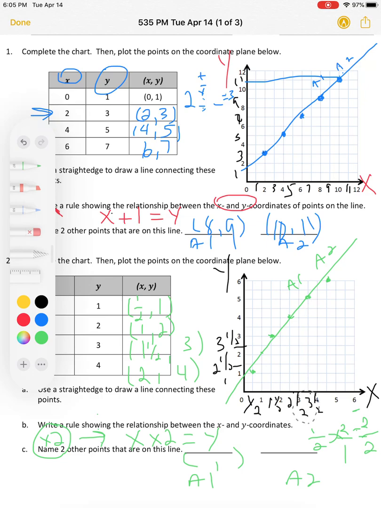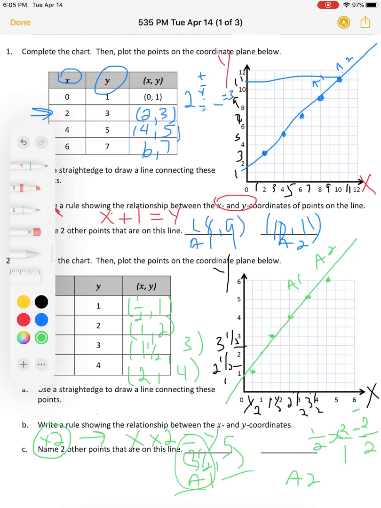A1 sits on 3 1/2 on the y-axis. So let me write it in, 3 1/2. And then A1 sits on 5 on the y-axis. Okay, so I misspoke. A1 sits on 3 1/2 on the x-axis, and then 5 on the y-axis.